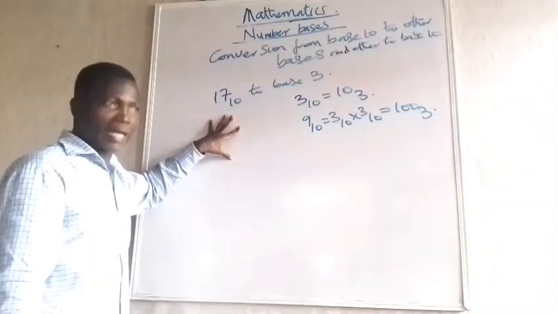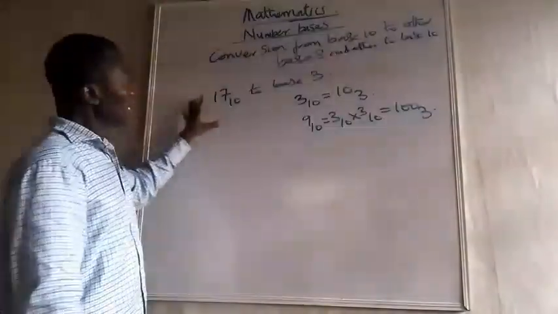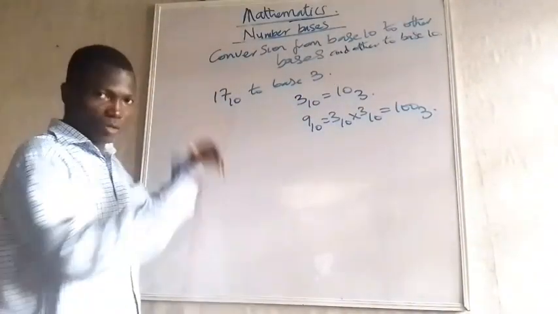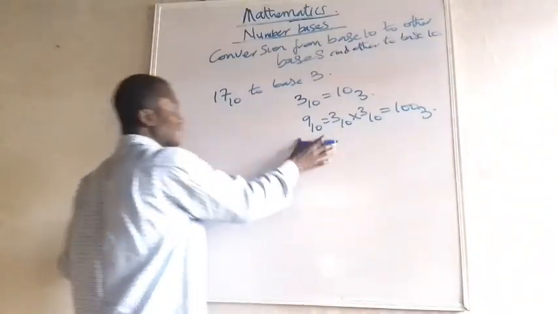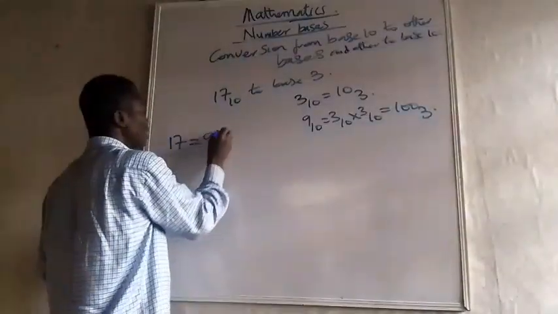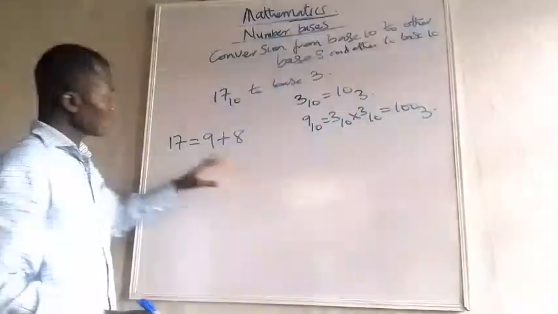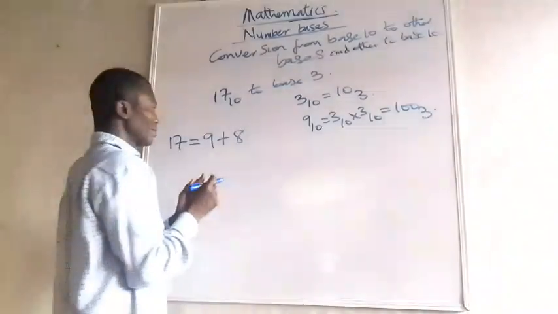If I want to work with that here, I will go for the highest, remove it from this, and then go to the next one and continue like that until I get my final answer. See what I mean? How many 9s can I find? 17 will equal 9 plus 8. So I have removed this one now. Only one 9 can I find.